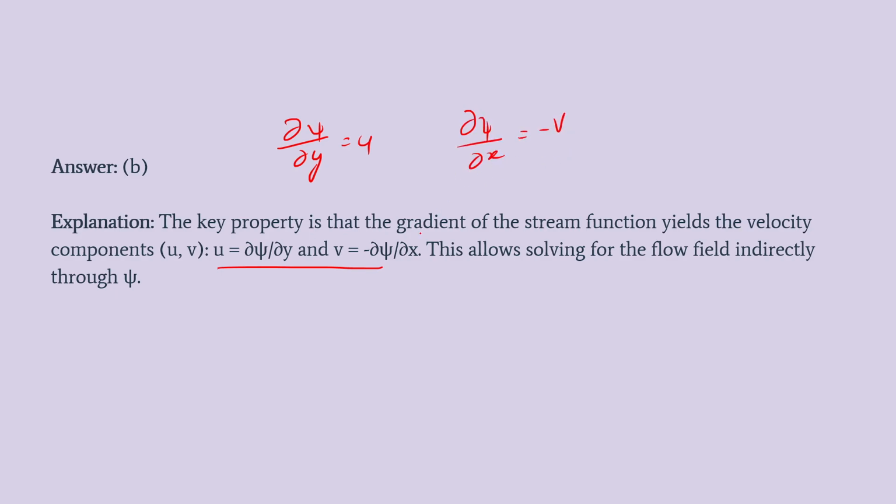So from this formulation, the gradient of the stream function will be yielding velocity components. So we can solve u and v indirectly by using psi.